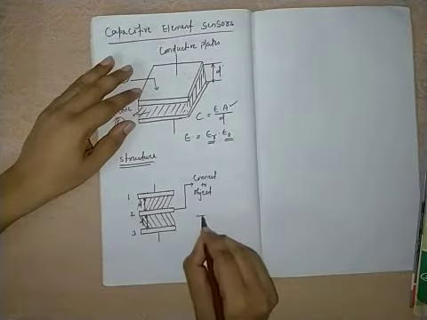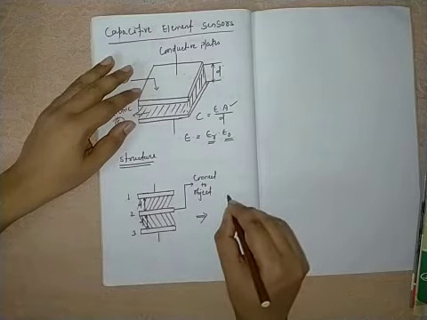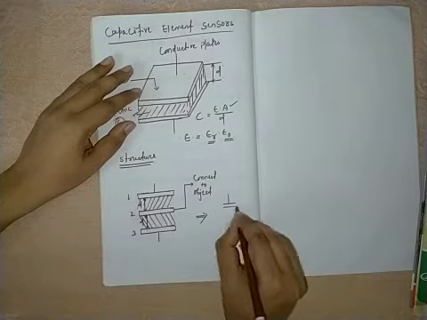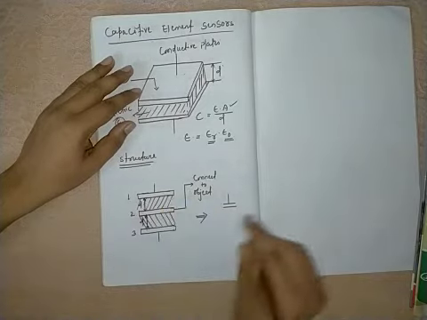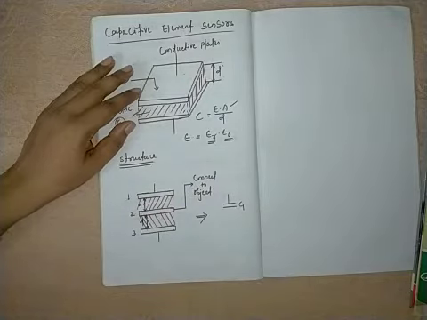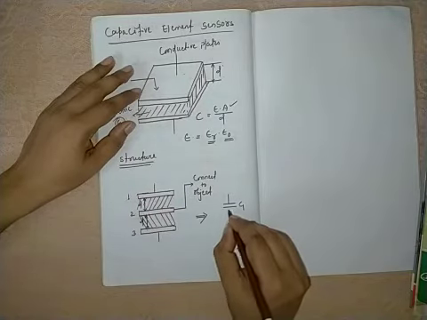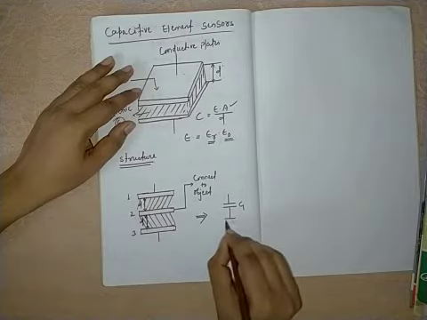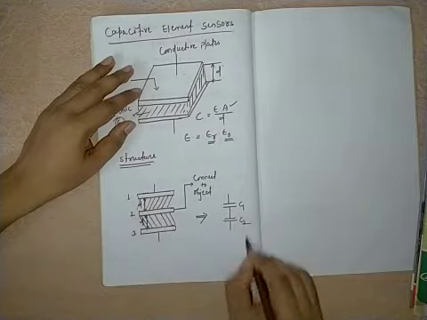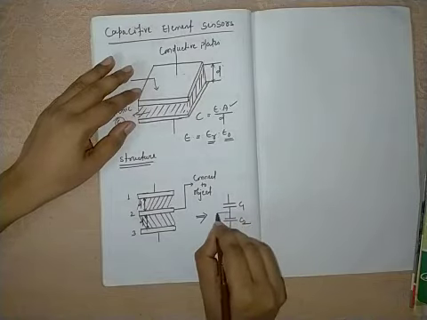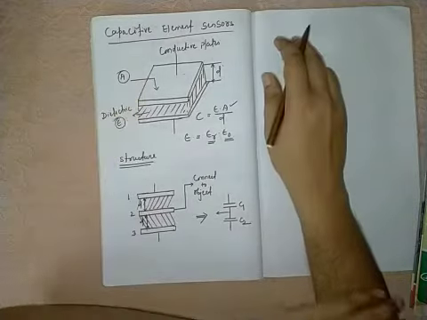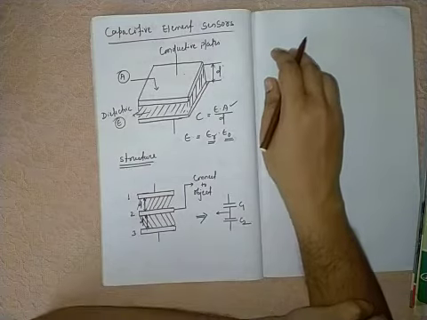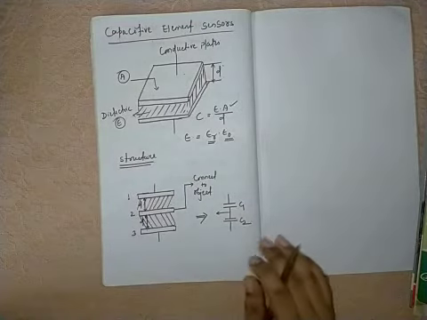If I am drawing this, plate number 1 and plate number 2 become one capacitor, that is your C1, and plate number 2 and plate number 3 create another capacitor, that is your C2, and this is your movable object. Are you clear up to this?